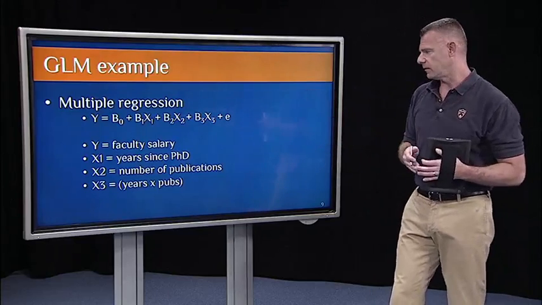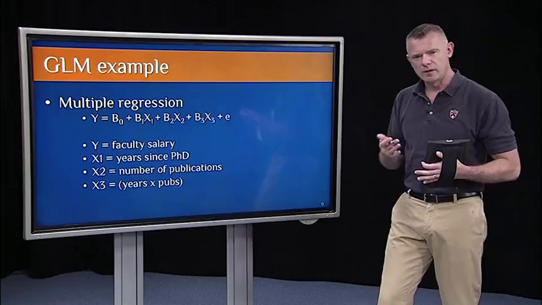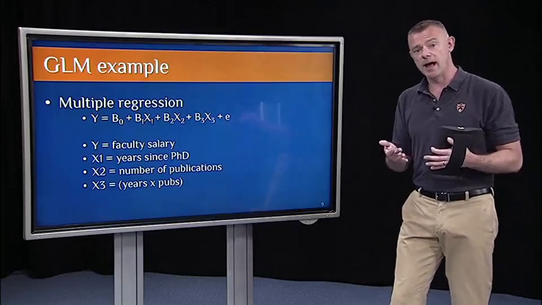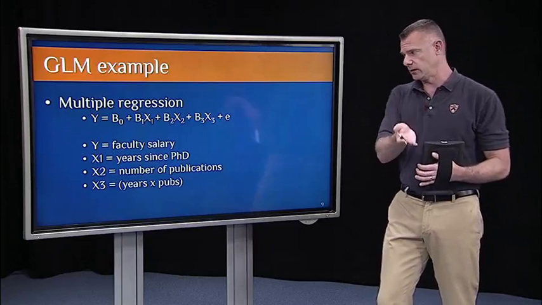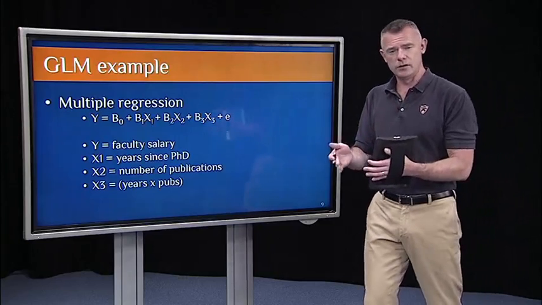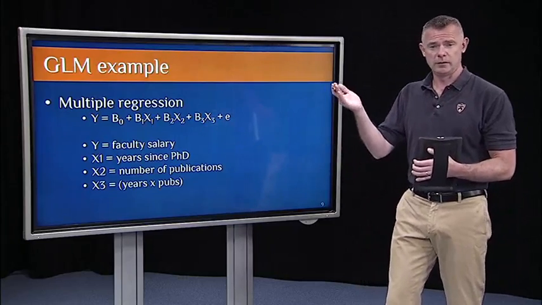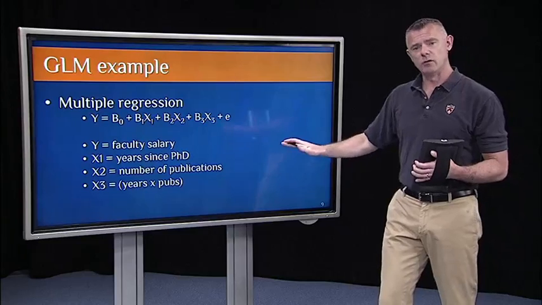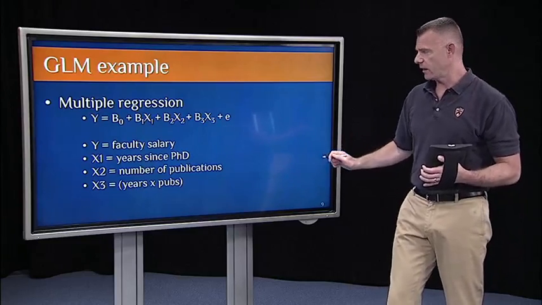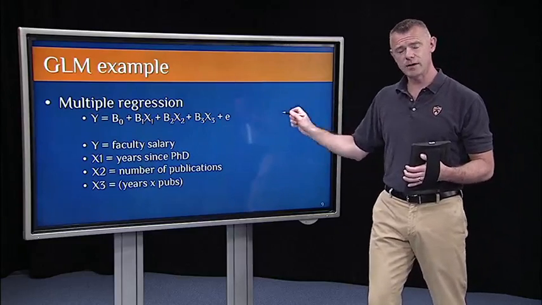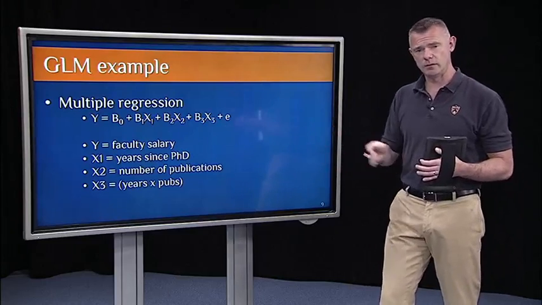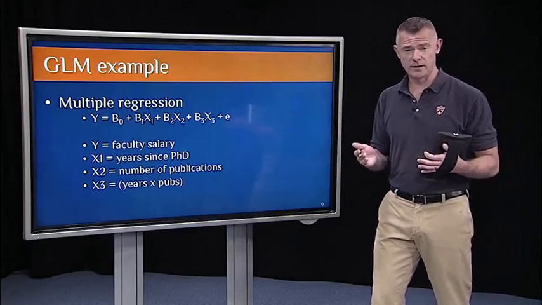And you might think that's the case. So perhaps number of publications matters a lot more for determining salary earlier in your career rather than later. So there might be an interaction or moderation effect. If that were the case, then that predictor x3 would be a significant predictor of the outcome measure, faculty salary.